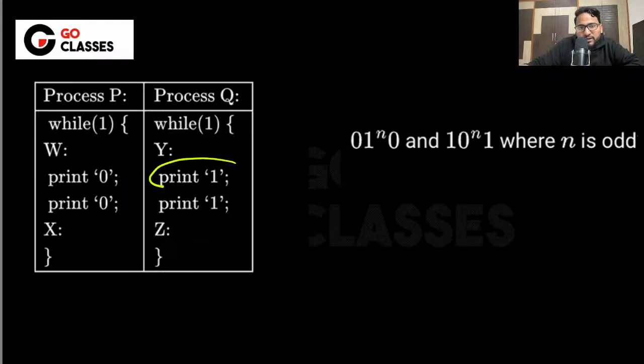Odd number of ones means you first print it and then you go here, right? You first print it and then you go here. Is this even possible? You print this 0 and then you printed this 0, then you print and then you don't want this one to print, right? Yeah, it is definitely possible.